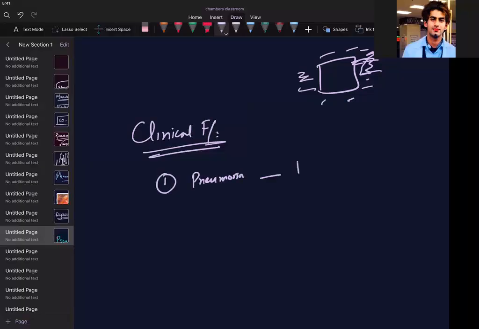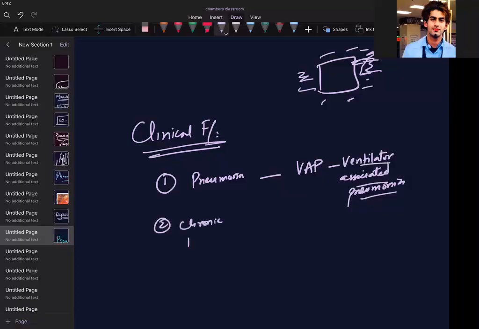We are saying nosocomial, so it should be VAP, ventilator associated pneumonia. This you will be reading in detail in your respiratory medicine. Second, chronic respiratory tract infections, RTI, not Right to Information Act. Which patients will it cause it in? Cystic fibrosis patients.